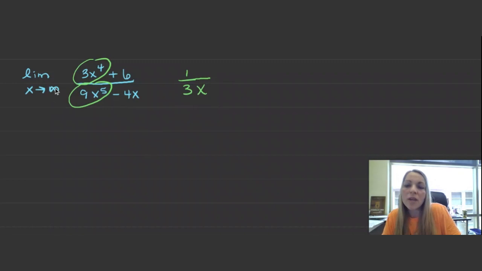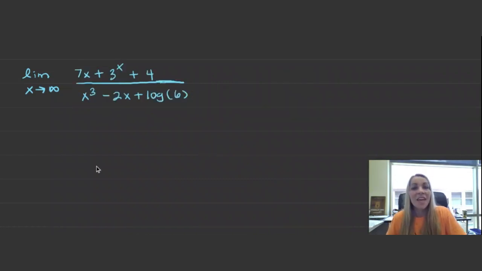If I put in some really large number for this x right here, I'm going to have 1 over some really big number, and 1 over some really big number approaches the number 0. So the limit as x approaches infinity is 0. So in this case, when my dominating term is on the bottom, I'm going to go towards 0.